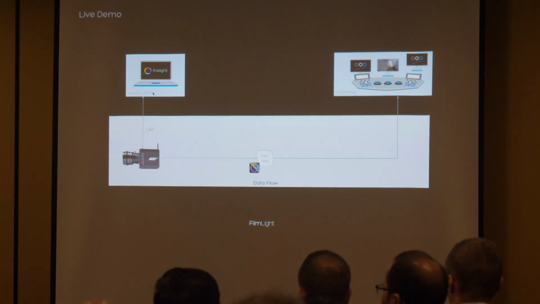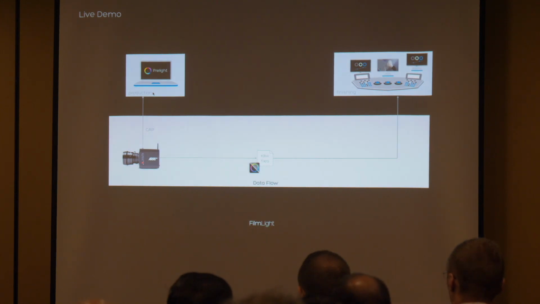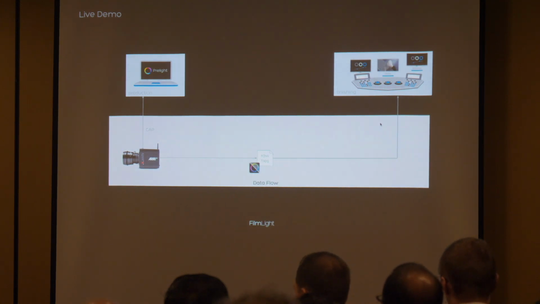But we also send the metadata with it, and the camera will store both the lookup table, which represents the grade, and the VLG inside of the raw files. Then we will record a few shots, and without any further metadata transfer, we will insert those clips into PreLight and see how, hopefully, not only the media gets online, but also all the grading decisions will be available with no additional overhead.